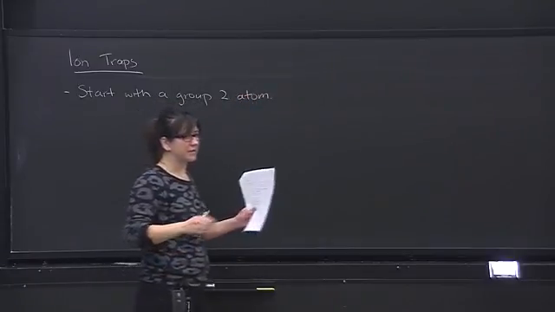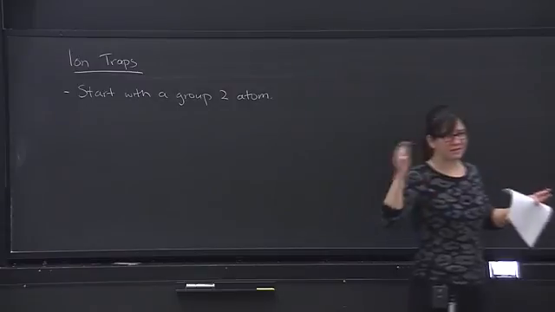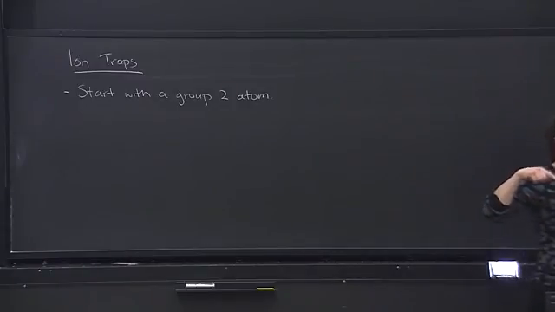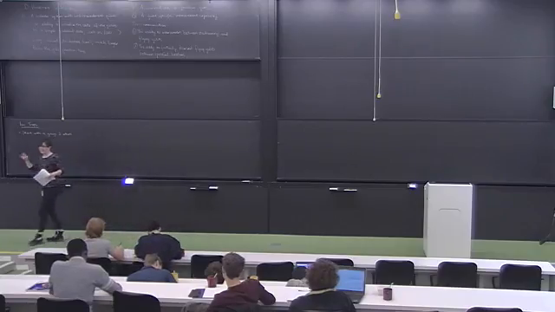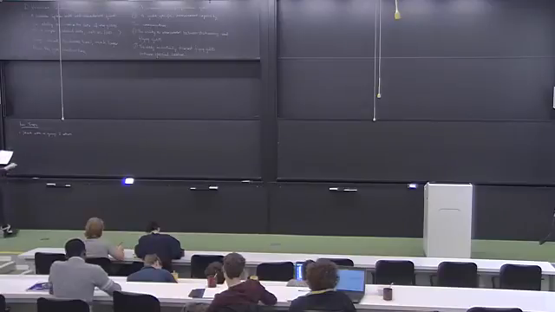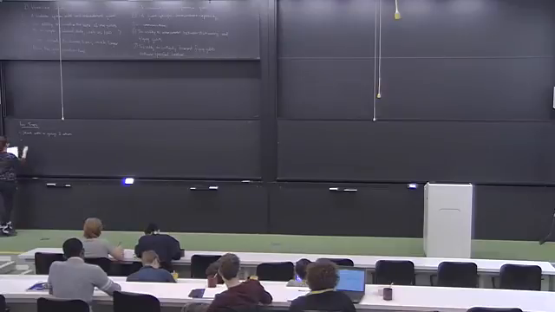If you recall the periodic table, it's the second column, and it's all the atoms that have 2 electrons in the outer shell. For example, calcium. And then we singly ionize the atom.